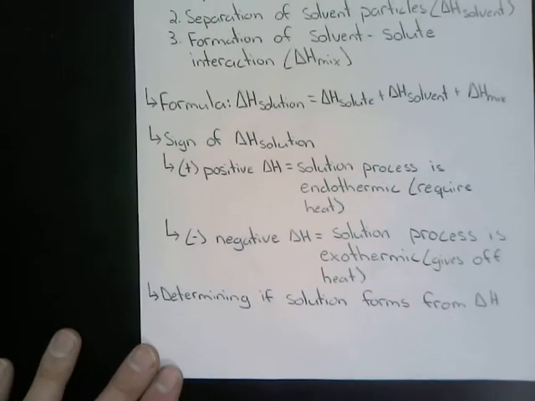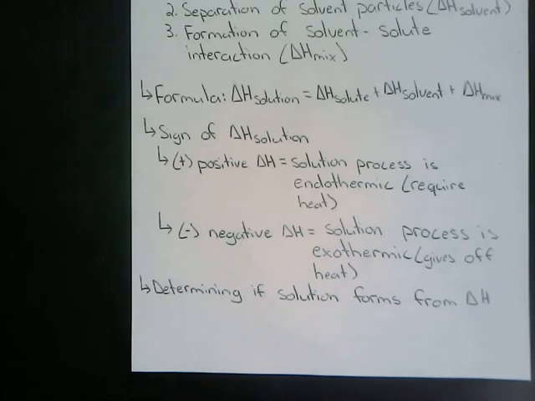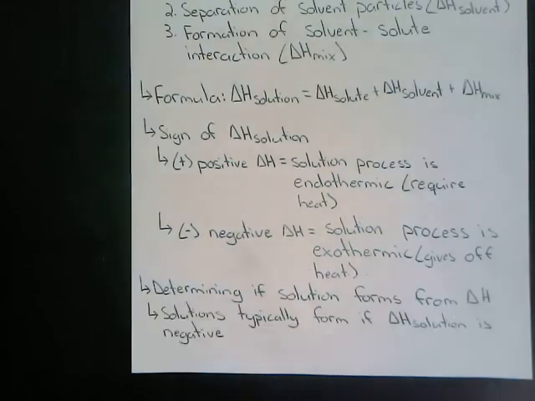Now, these are general statements that I'm about ready to give here, but solutions form if the delta H of the solution is negative. Almost always, if we have a delta H of a solution that's negative, they are going to form. Now, on the flip side, if the delta H of the solution is too endothermic or requires too much heat, the solution is not going to form.